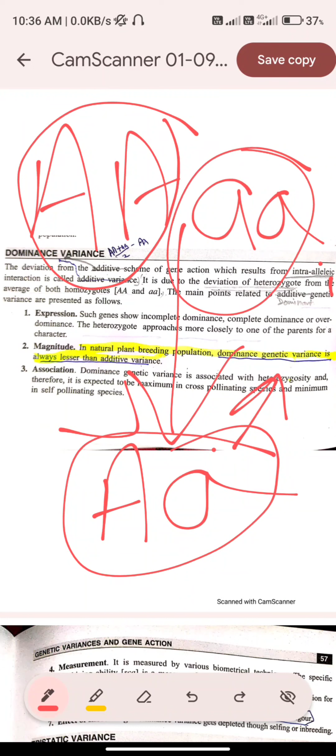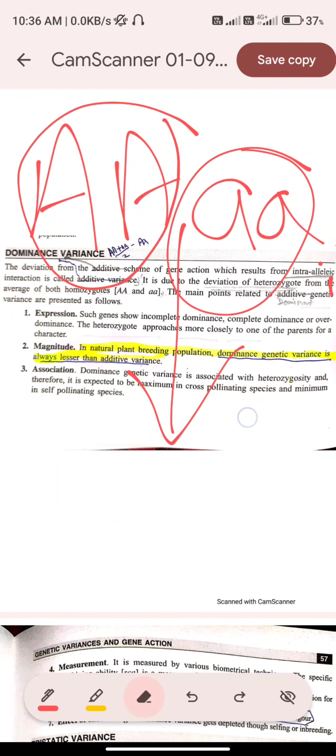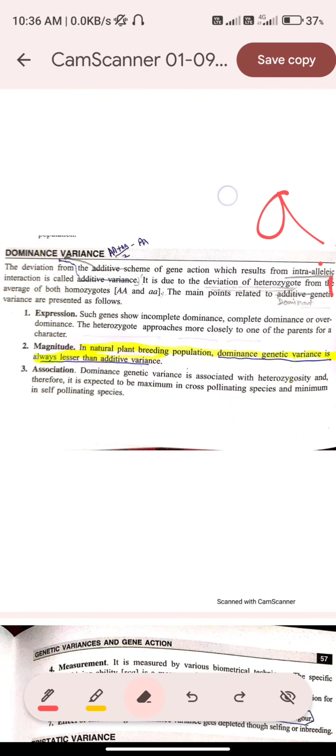Now the main points related to the dominance variance are, it can be of three types: incomplete dominance variance, complete dominance, and over dominance. Magnitude: in natural plant breeding, dominant genetic variance is always lesser than additive genetic variance.